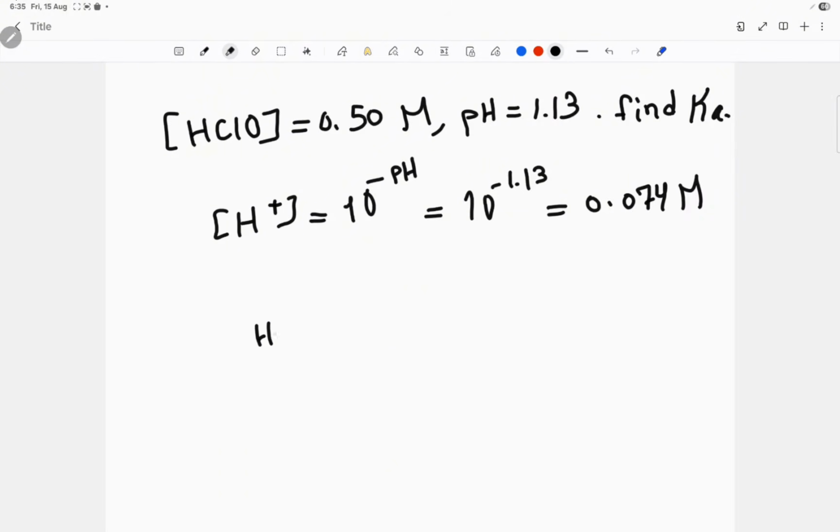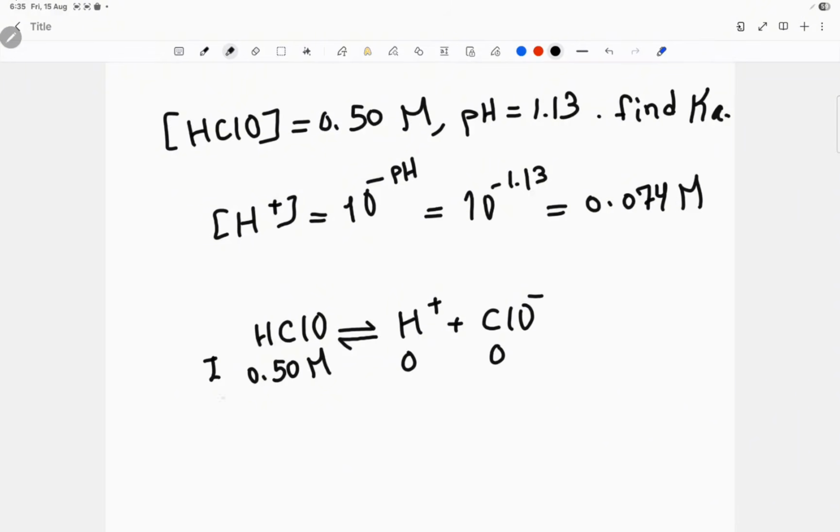Take your HClO: 0.50 molar, 0, 0, and the change is minus x, plus x, plus x. But guess what? The x is the H plus, so replace every x with 0.074.